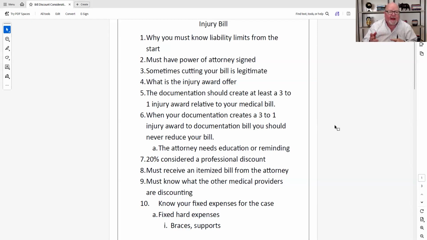The reason for that is they'll at least have enough money for them to make their money, and some money to give to the patient. Because remember, it's their client. That's the number one single thing the attorneys care about. So when you look at this whole picture, that's the number.